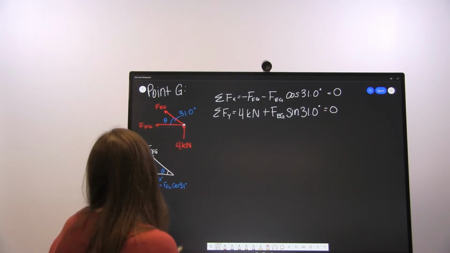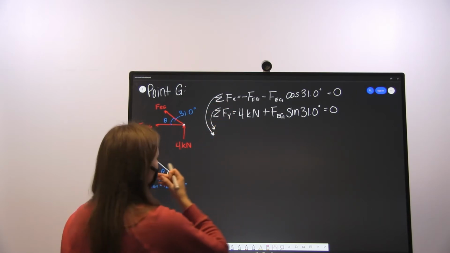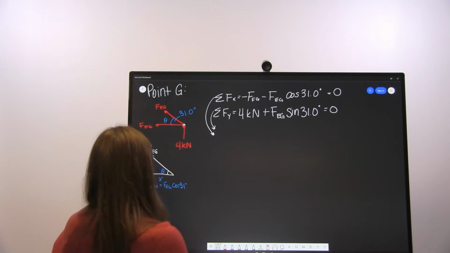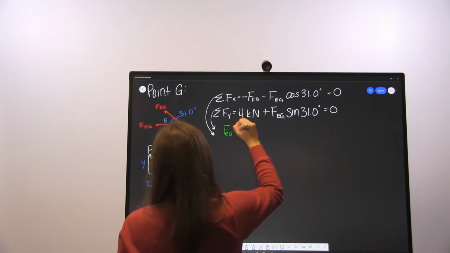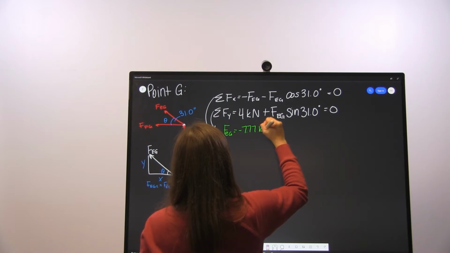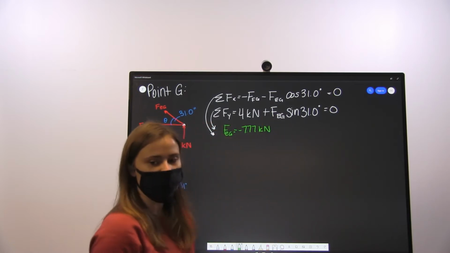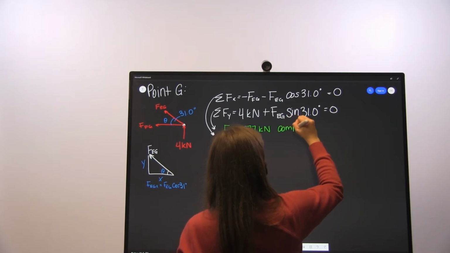So we take these two equations here, and you can plug them into Wolfram, or you can solve them by hand, and we end up getting force EG is equal to negative 7.77 kilonewtons. And this is a compressive force because it's negative. Negative is going to be our compression.